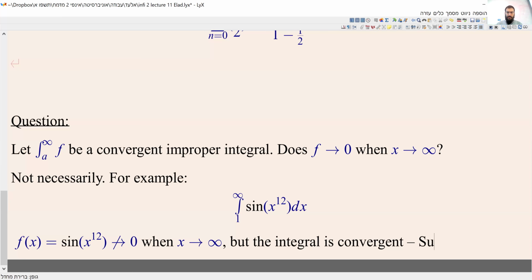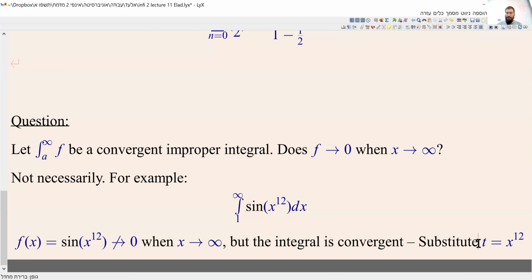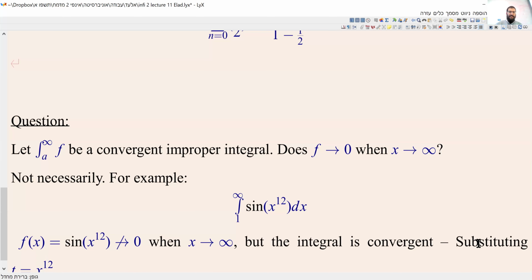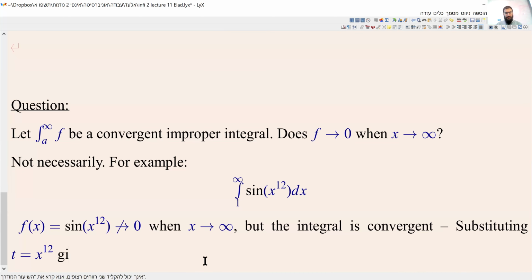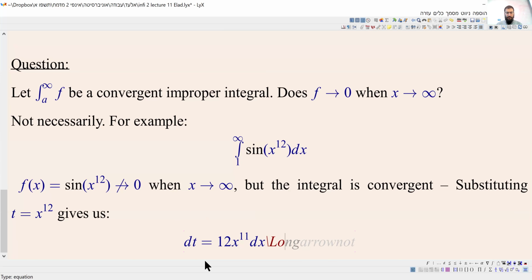We substitute. Once you write it, it's too many t's. Substitute t as x to the 12, which gives us that dt is 12 x to the power of 11 dx, which means that dx is dt over 12 x to the power of 11.